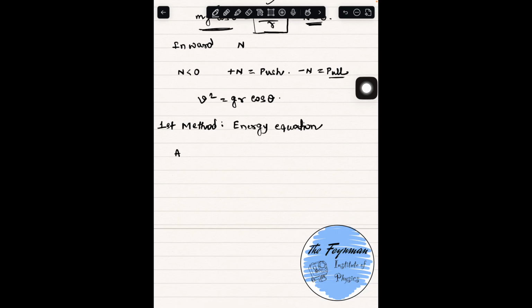The energy at point A of the object is E, which is kinetic energy plus potential energy.